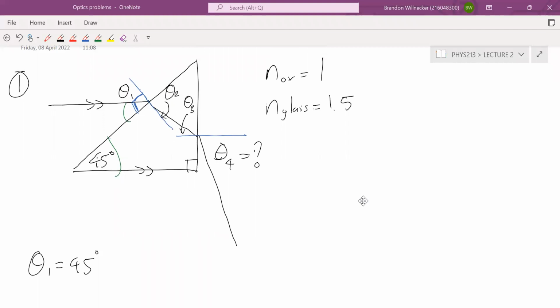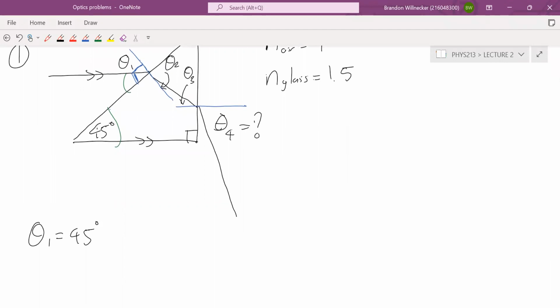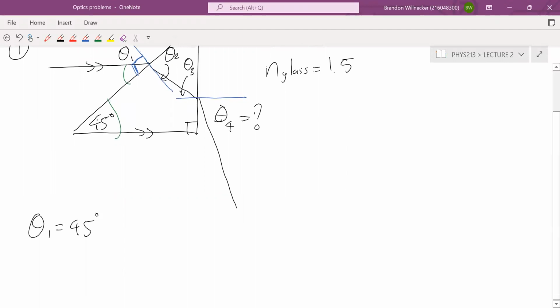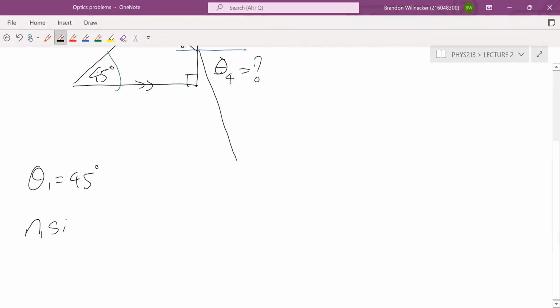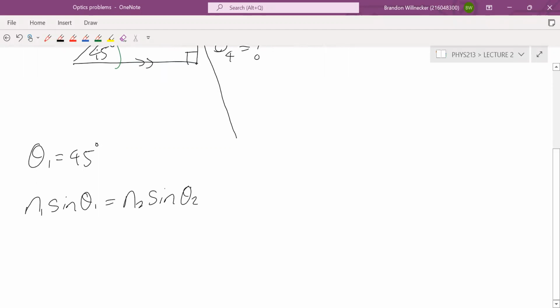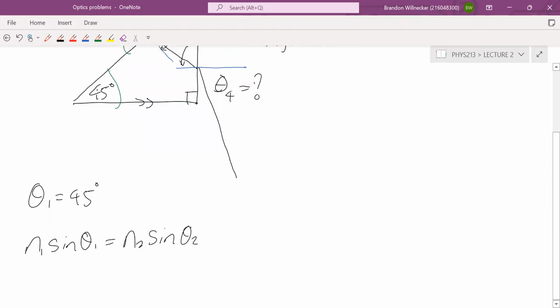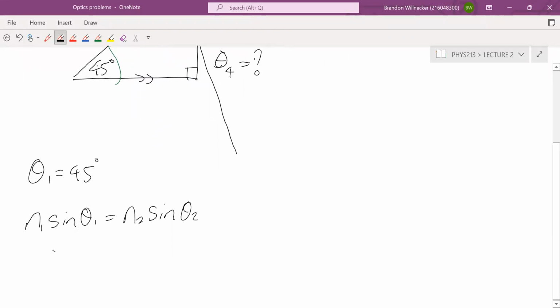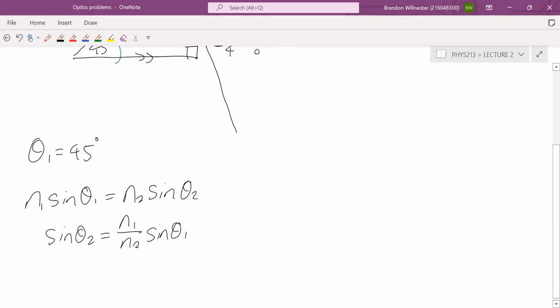So let's start with theta 2. How do we find theta 2? We're going to have to use Snell's law. So n1 sine theta 1 is equal to n2 sine theta 2. Okay. So we want to find theta 2, right? So sine theta 2 is equal to n1 over n2 sine theta 1.